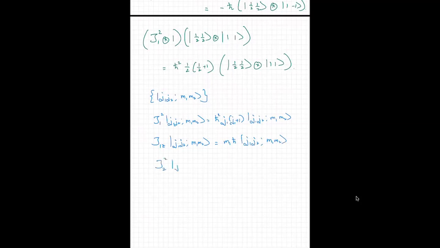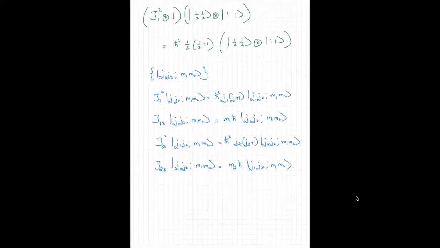Similarly, J2 square acting on |J1, J2, M1, M2> gives J2(J2+1) h bar squared times the ket, and J2z acting on |J1, J2, M1, M2> is M2 h bar times the ket. Okay.